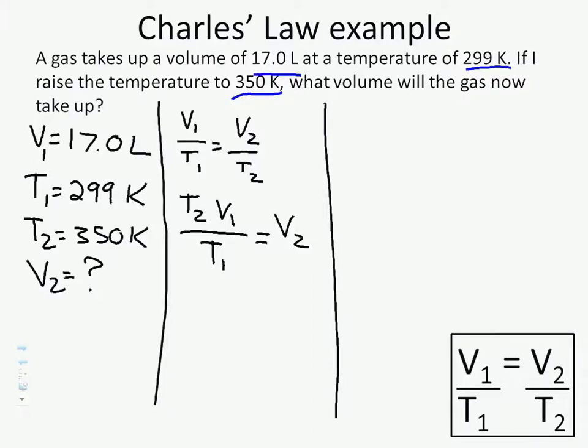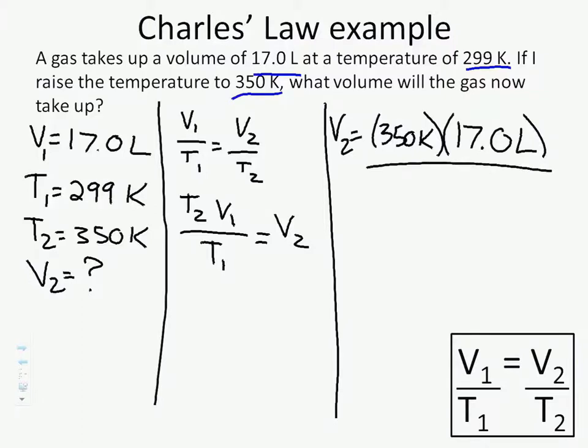Okay, so I can put all my numbers in. V2 equals T2, which is 350 Kelvin, times V1, which is 17.0 liters, over T1, which is 299 Kelvin.